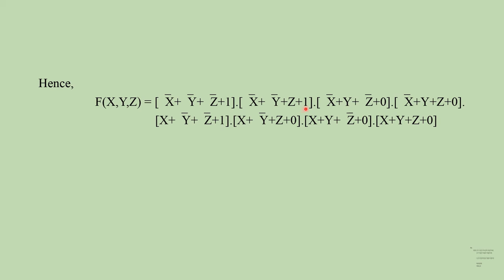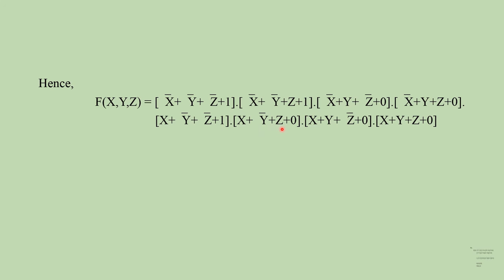So here we write 1. X bar plus y plus z bar plus 0, because function 101 value is 0. Functional value of 100 is 0. Functional value of 011 is also 1.